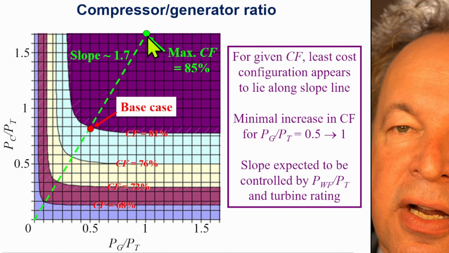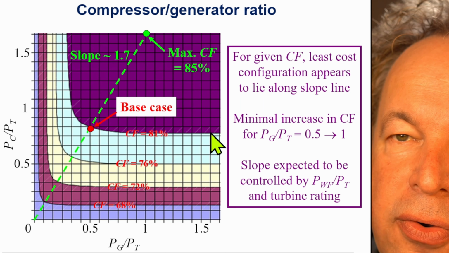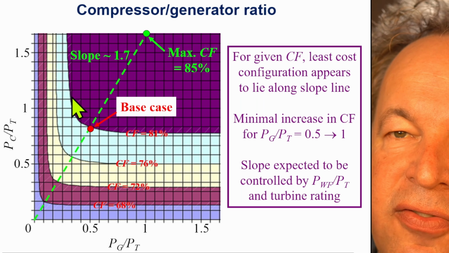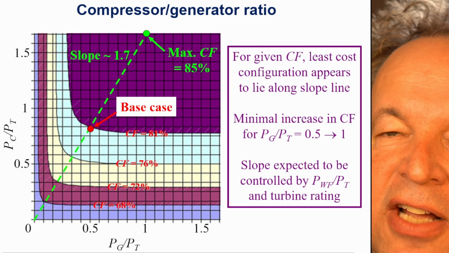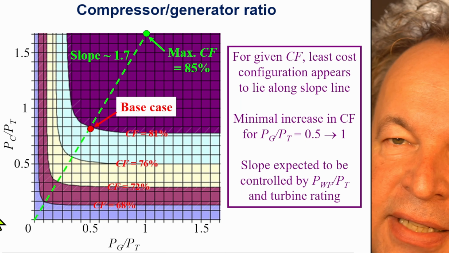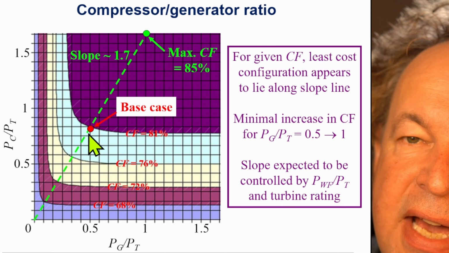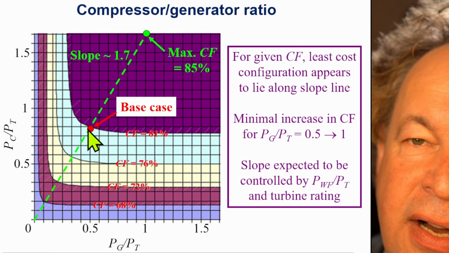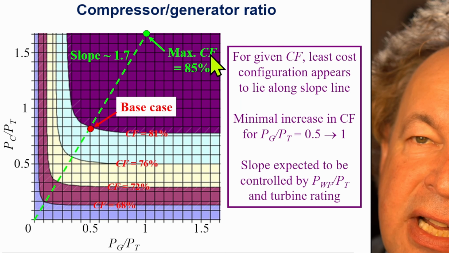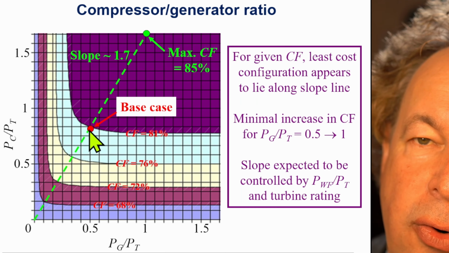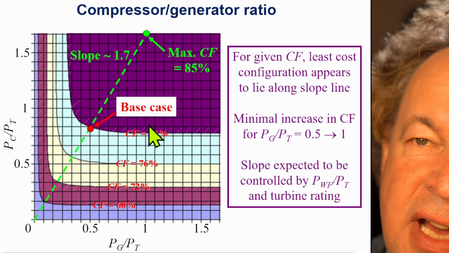So we have here the capacity factor. This is a line where the capacity factor reaches 0.8. We have a maximum capacity factor of 85%. Again, the base case is here at 0.5. If we increase that, then we increase CF a little bit. If we go lower than that, then we decrease the CF.